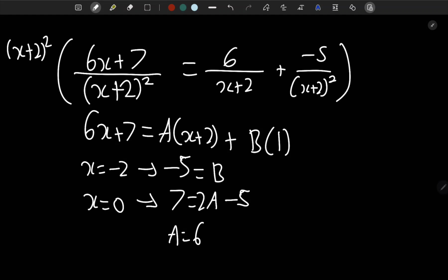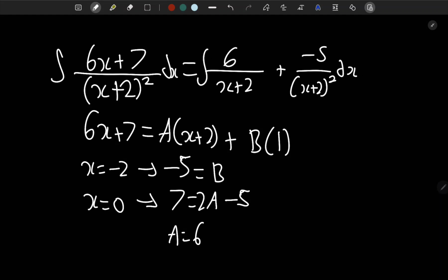So now the only step which is left is to integrate this. So I'm just going to get rid of the brackets and dx and integrate. So the first part is just going to be 6 ln absolute value x plus 2 plus, how do we integrate this now? Because this is not ln x, by the way, since there is a power of 2 here.